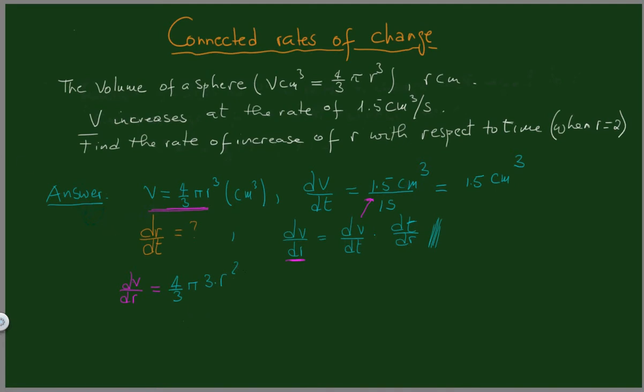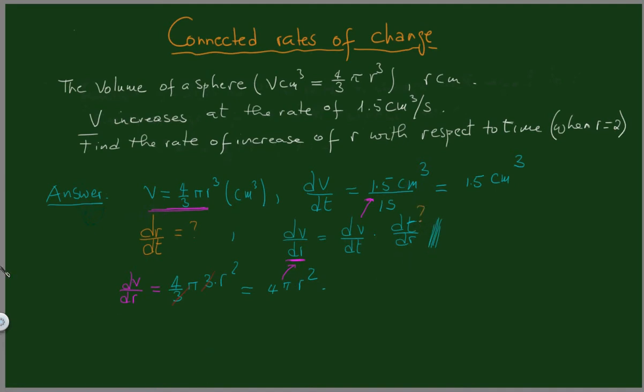All right, now the 3 will cancel out, and our result here will be 4 pi r to the 2. Okay, so now we've got almost everything. We can just replace it by this one here, and what we're looking for is still that one there.